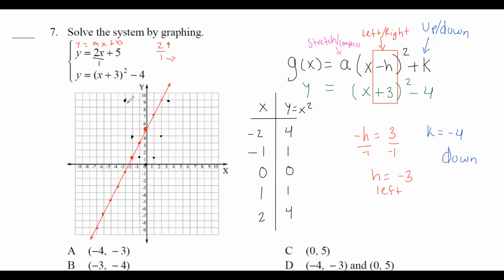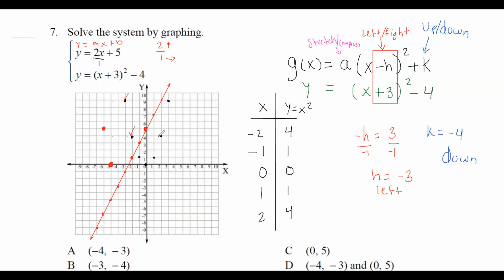All right, these points that I drew are not my actual function. This is the parent function. Each of those points, I'm going to transform according to the parameters. So what are the steps we're going to take? We're going to go 3 left and 4 down. So each point, 3 left, 1, 2, 3, and 4 down, 1, 2, 3, 4.